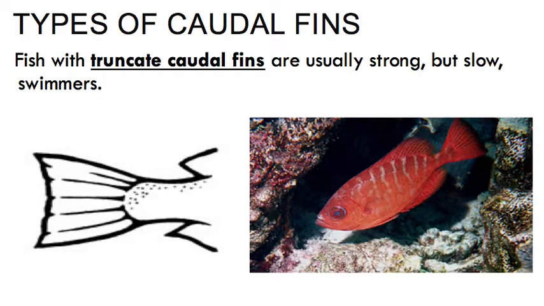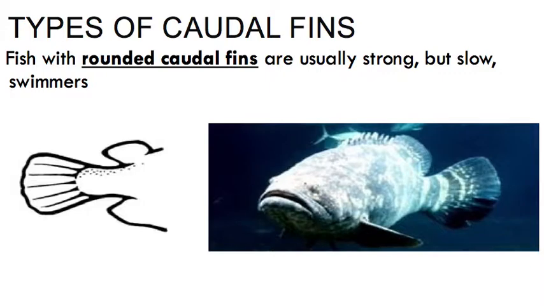Then there is the truncate caudal fin, which is usually found on strong but slow swimming fish, and they end very abruptly. Normally there's a slight curve inward to the fin. And then the last one is the rounded caudal fin, which is usually found on strong but slow swimmers, just like the previous one. But this one just curves outwards a little bit versus inwards.